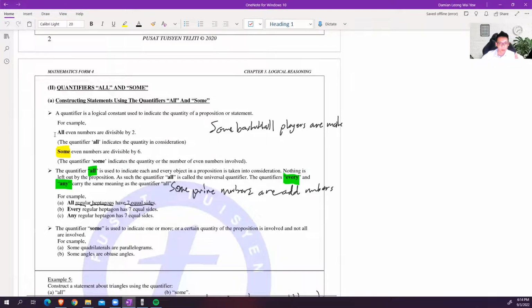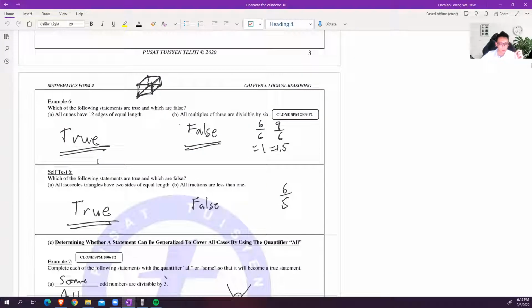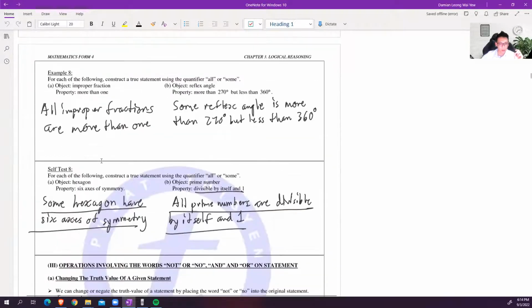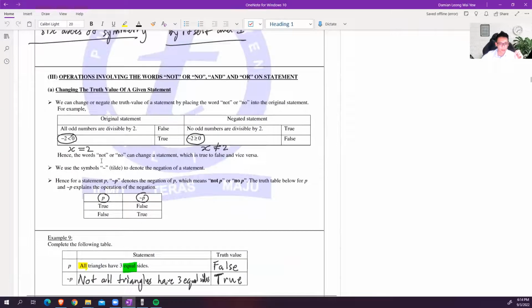Then there's quantifiers, all or some. All means no exceptions. Some means there are exceptions, at least one exception. Then we have negation of your statements.